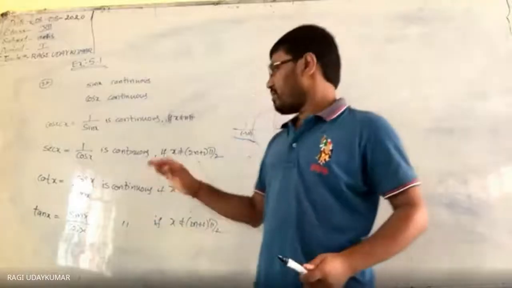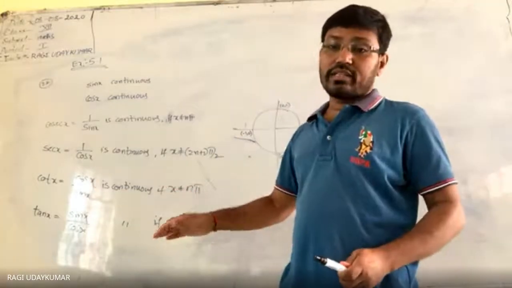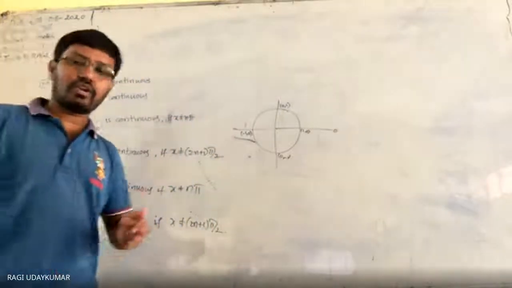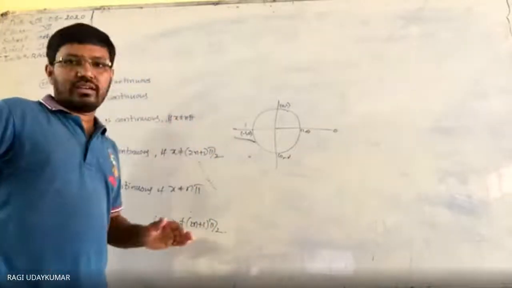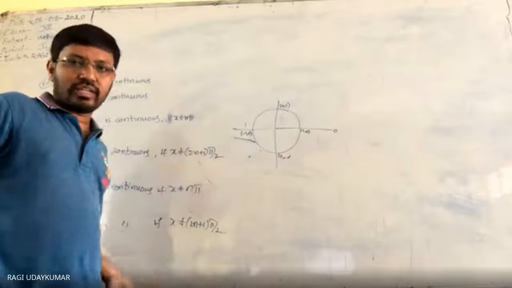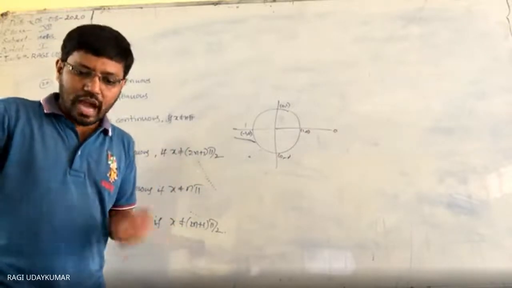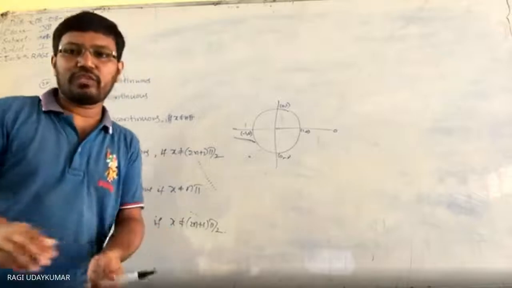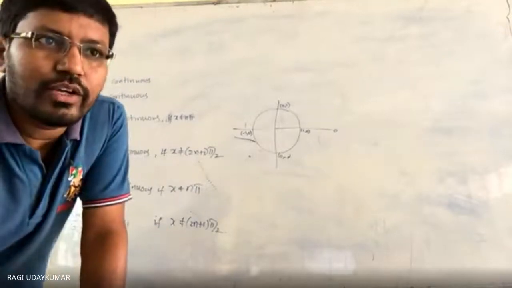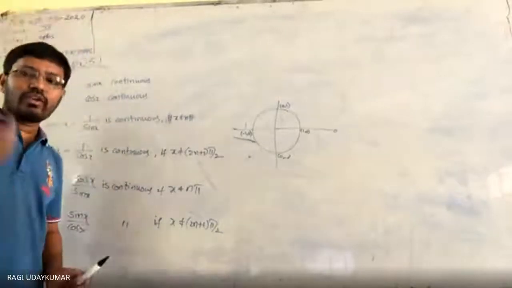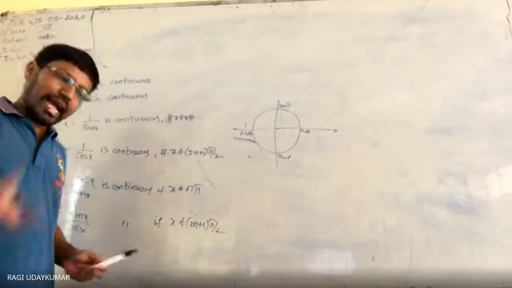Not only remembering, you can prove why they are continuous: first prove that sin x is continuous and cos x is continuous. How do we prove that sin x is continuous? We have discussed it in the previous problem. In the same way that we proved sin x continuity, you can prove cos x continuity.